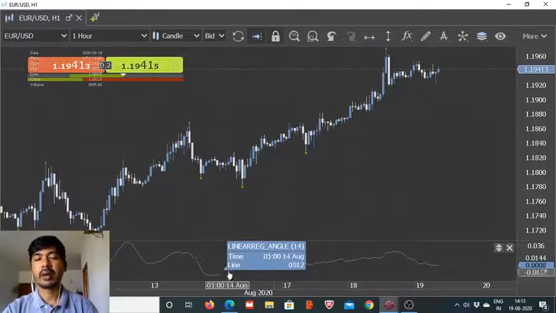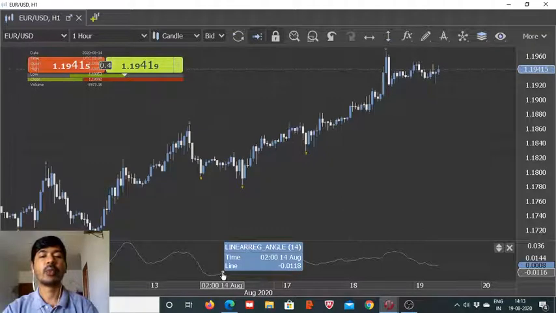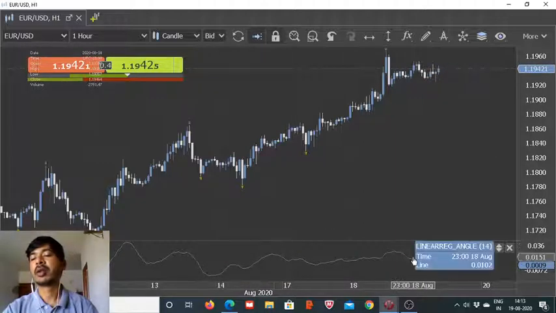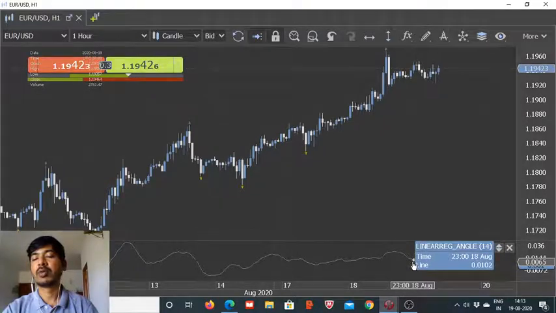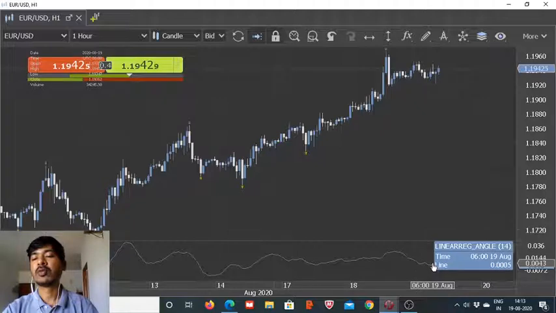And then we can even use this analogy: when the output value for the linear regression angle rises from negative territory to positive territory, that can be considered as a sign of starting of the bullish trend, and vice versa. When the value dips into the negative territory from positive territory, we can count that as a sign of trend change on the bearish side.